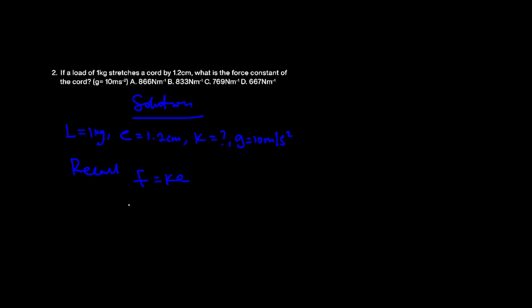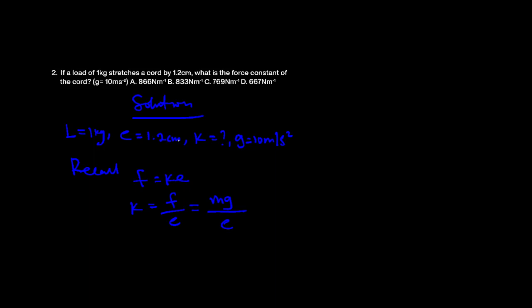So we have that K is equal to F over E. So how do we get F? Because we don't have F. Force in this case is going to be mass multiplied by gravity, divided by the extension E.